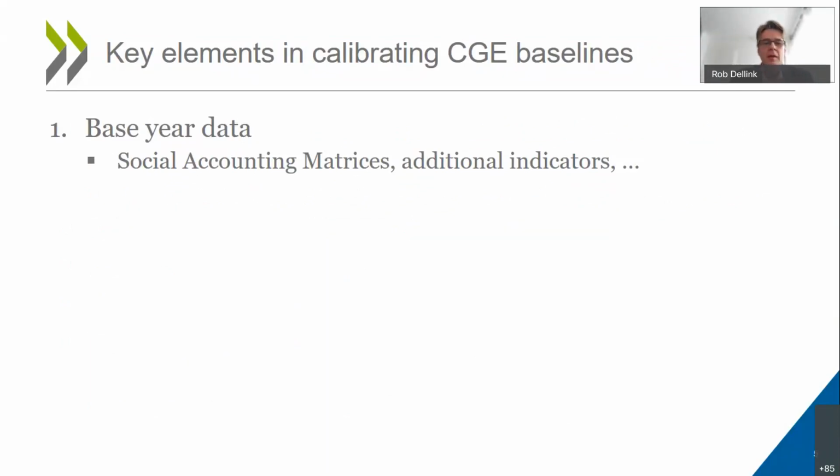You need an input-output table or something like that that describes how the different sectors in your economy are linked, how demand is linked to supply, etc., and international trade. Now, many models link that to additional indicators, for example, nutrition indicators or greenhouse gas emission indicators or other types of physical indicators that you can link to the economic flows that you have in your social accounting matrix.